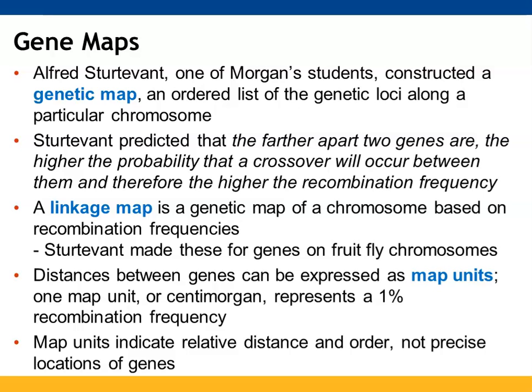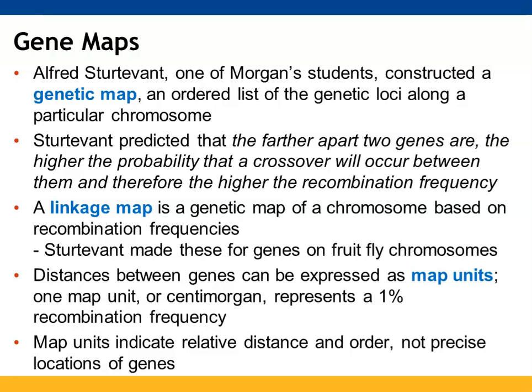We can look at these alleles along with these recombination frequencies to determine how the alleles are located in comparison to one another. Genetic maps are just going to give us a list of those loci that are found along a chromosome.